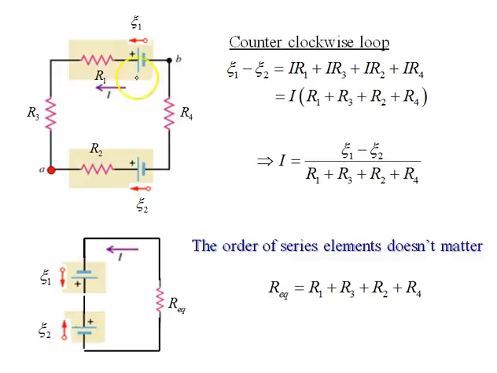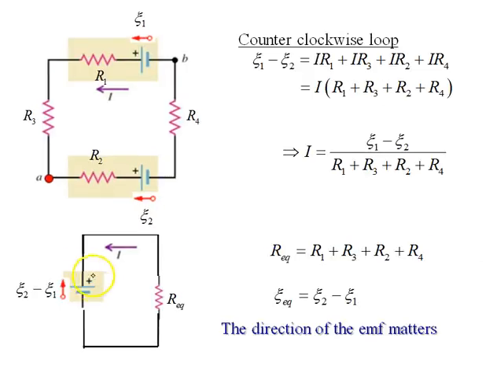We pulled it around here, and our E1 pointing downward, the EMF arrow. But then we can also combine our EMFs, and since we have the positive pointing upward, our EMF arrow pointing up, we end up with an E2 minus E1. And we can then get the same solution for this circuit.